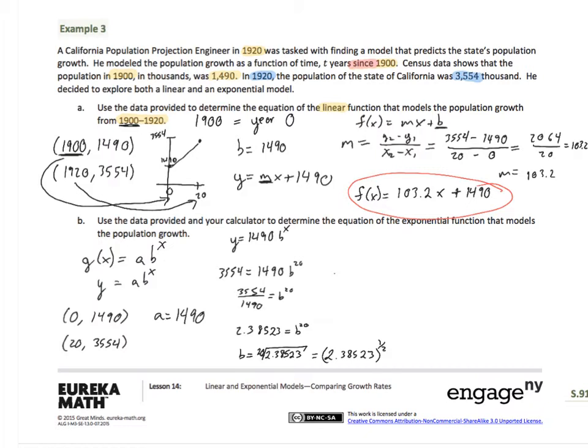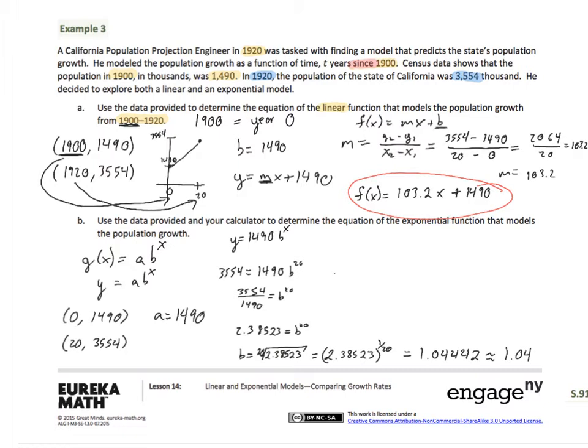And this will be much easier to type into your calculator. So this to the 1 divided by 20, and that will be equal to 1.04442, which I'm going to say is approximately equal to 1.04. I'm going to round it to 2 decimal places.